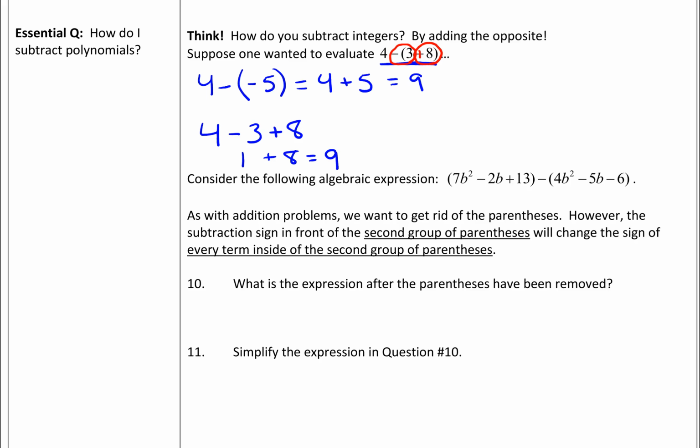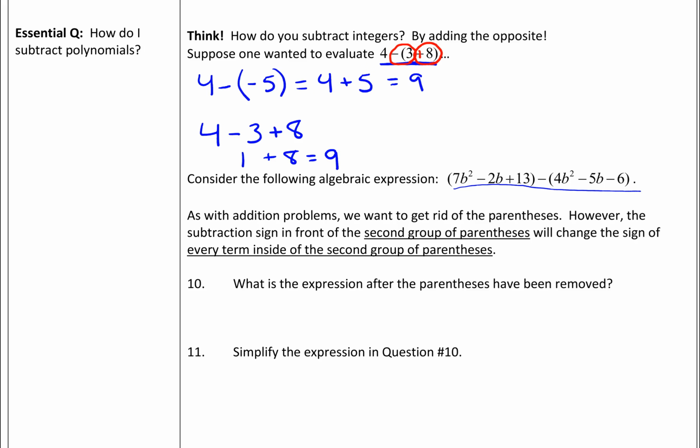So what I want you to do is consider this expression here. The quantity of 7b squared minus 2b plus 13 minus the quantity of 4b squared minus 5b minus 6. So let's read this together. As with addition problems, we want to get rid of the parentheses.